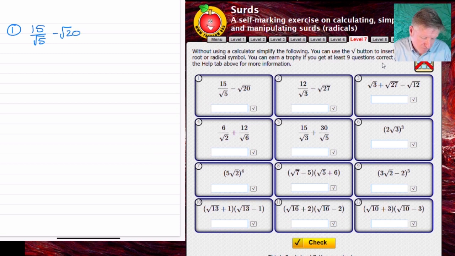There it is. So let's start off by rationalising the denominator of the first term. I'll multiply numerator and denominator by the square root of 5. So I'll have 15 root 5 over 5. And then splitting up the 20 into a 4 times 5, and 4 is a square number, so that will give me 2 root 5.